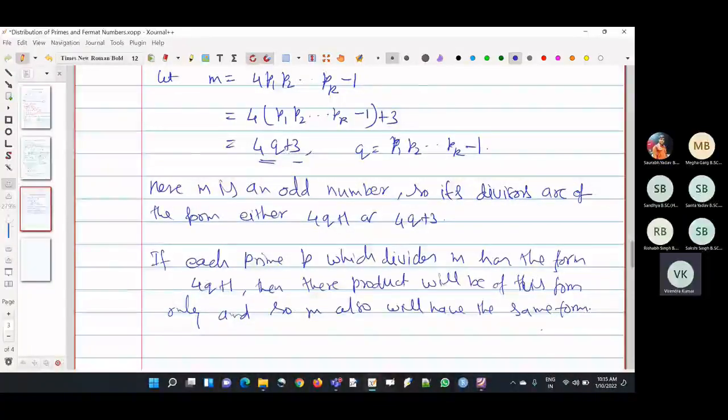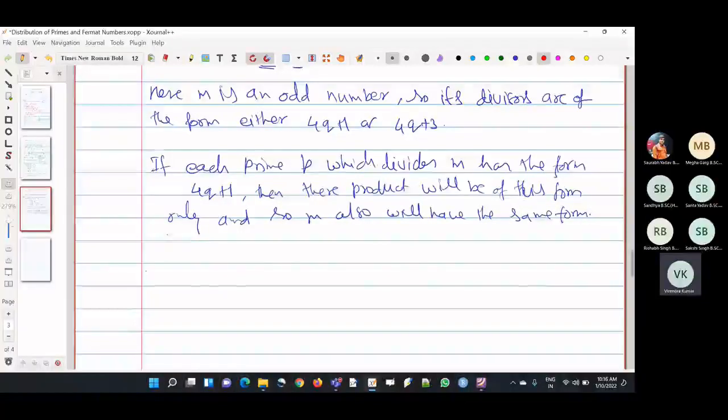Let us see. What I'm trying to say is, suppose I write 4p plus 1 as a divisor of m, and suppose another divisor is 4q plus 1. This q is not the same as what I have written before. What we can write? Let us multiply.